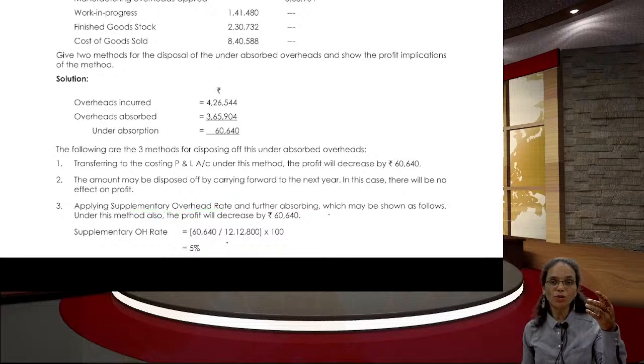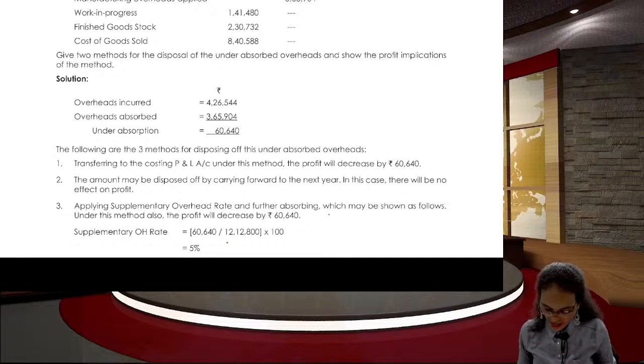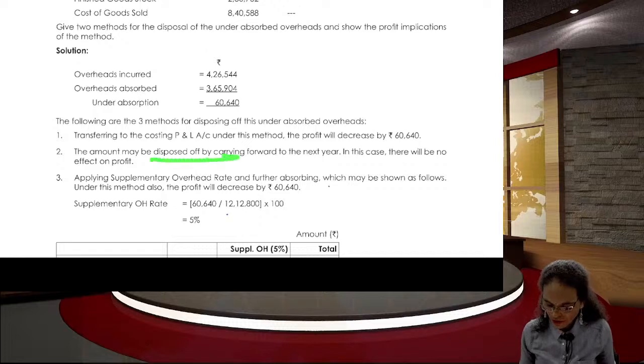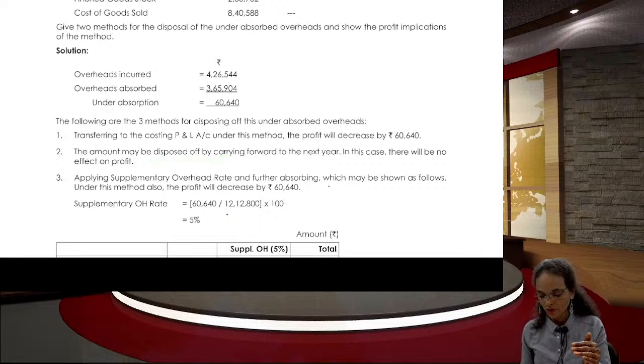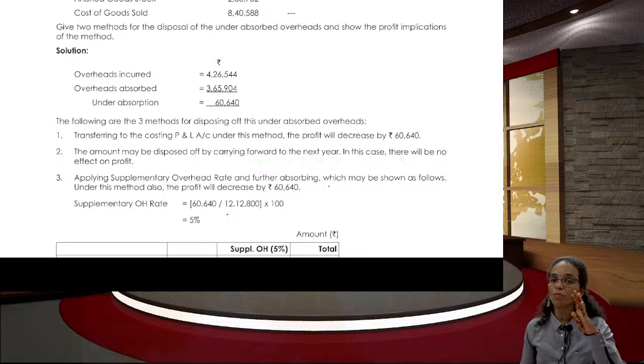I told you, for the finished goods, for the work in progress, and for the cost of goods sold, we need to allocate it. The next one is to carry forward to the next year. In this case, there will be no P&L effect for the current year, but there will be an effect in the next year, because this loss you are forwarding to the next year.